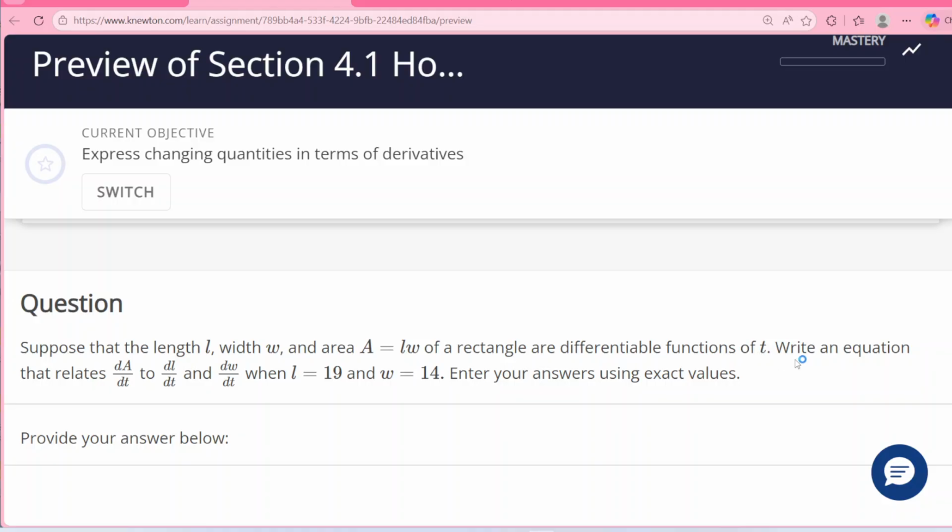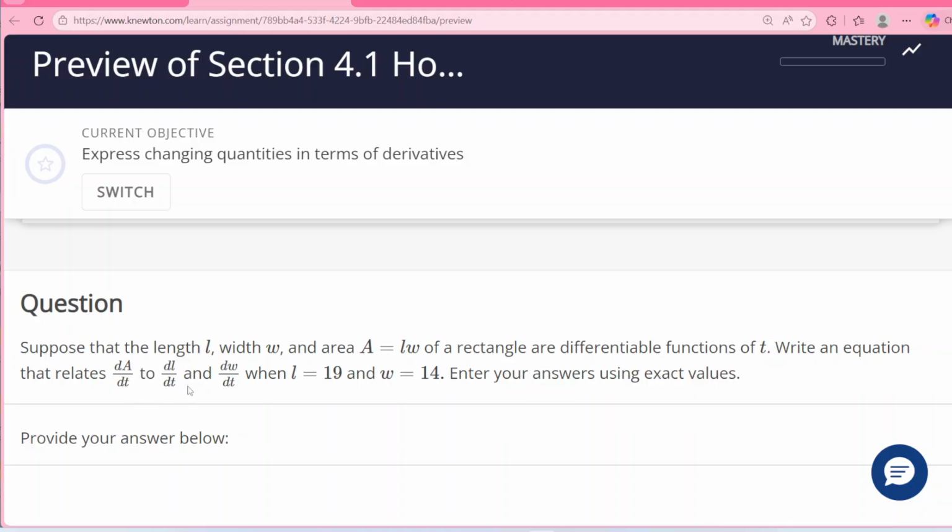Okay, so we're asked to write an equation that relates their rates of change, right? The dA over dt, remember this is the instantaneous rate of change of the area with respect to t, to dL over dt, again this is the instantaneous rate of change or the derivative of the length function with respect to t, and dW over dt, again the instantaneous rate of change or derivative of the width function with respect to t.